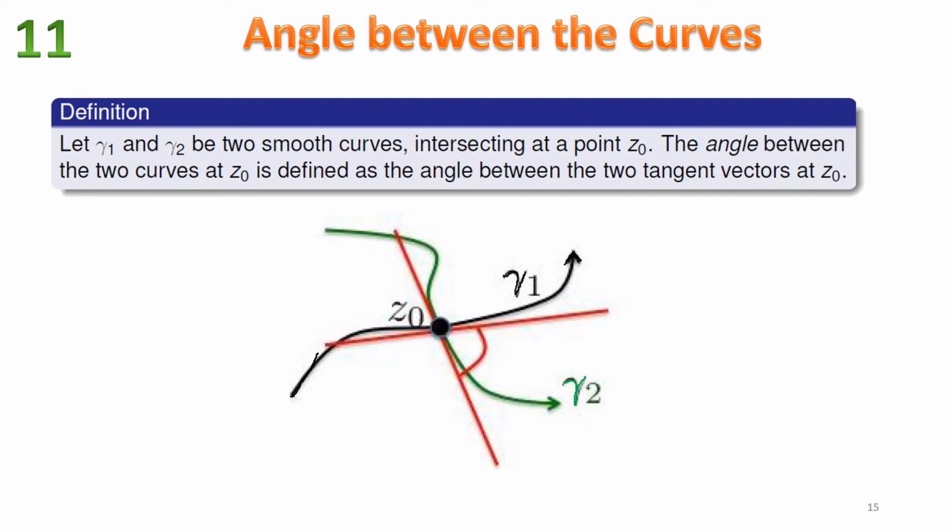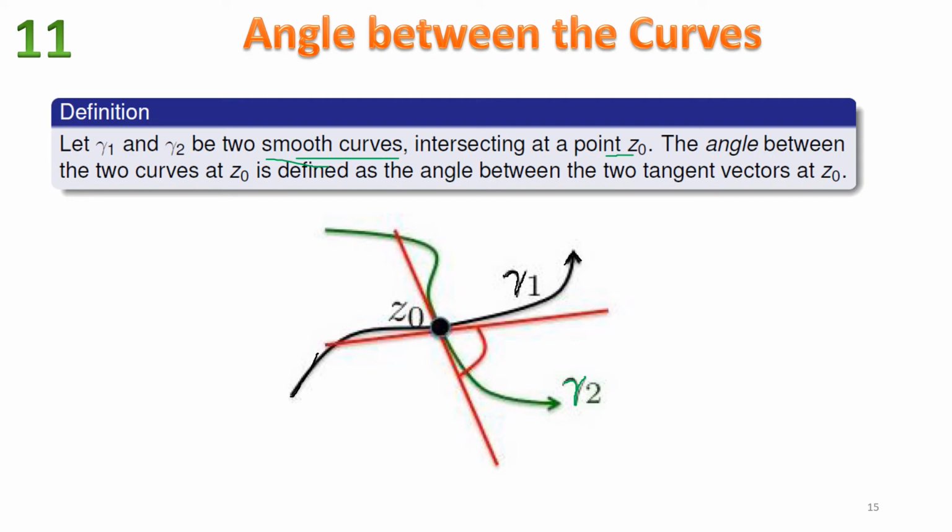So here let gamma 1 and gamma 2 be two smooth curves intersecting at a point Z0. The angle between the two curves at Z0 is defined as the angle between the two tangent vectors at Z0. So what we have to do is identify the curve gamma 1 and draw a tangent to the curve at the point Z0.